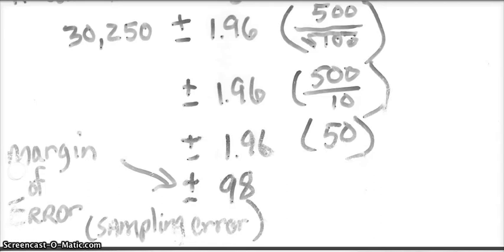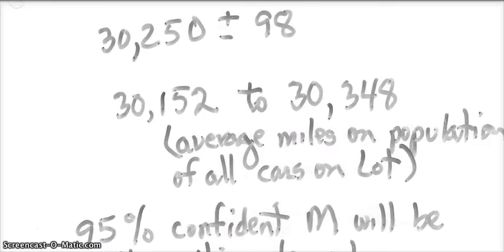So we are going to add and subtract 98 to and from the 30,250 to get your confidence interval. The margin of error, or sampling error, is the 98. So we have a confidence interval of 30,152 to 30,348.